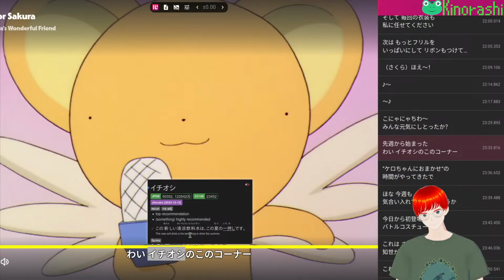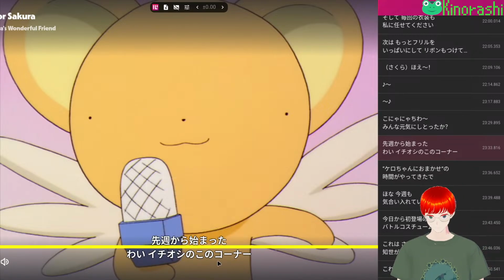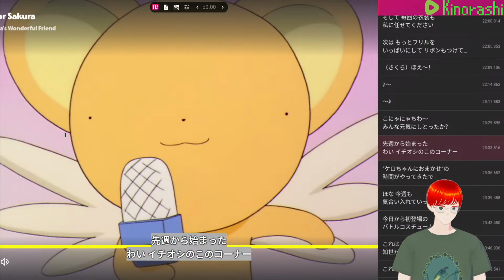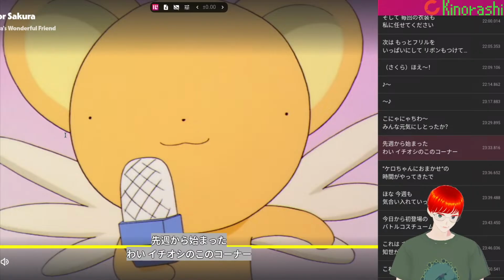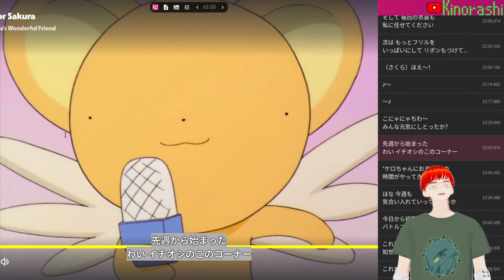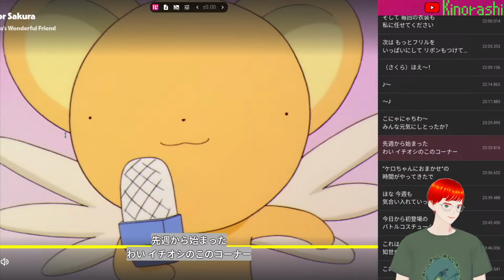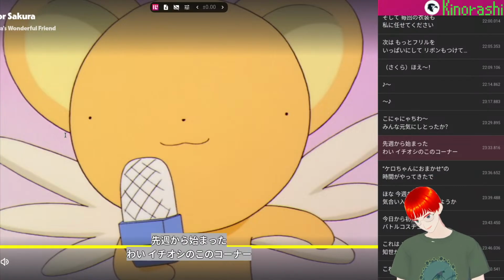Why ichioshi, or my recommendations? So, senshu kara hajimatta, started last week, and then ichioshi no kona. So, the corner I highly recommend started last week.